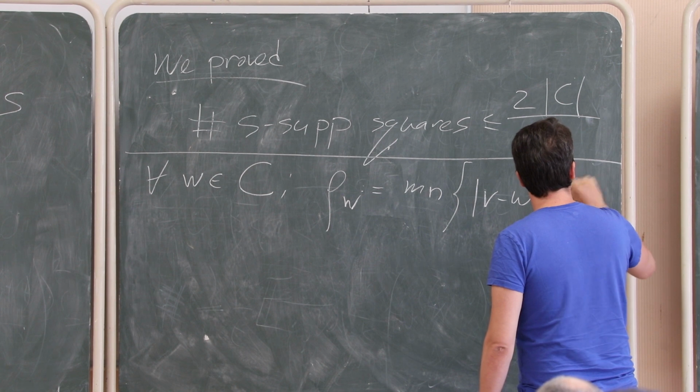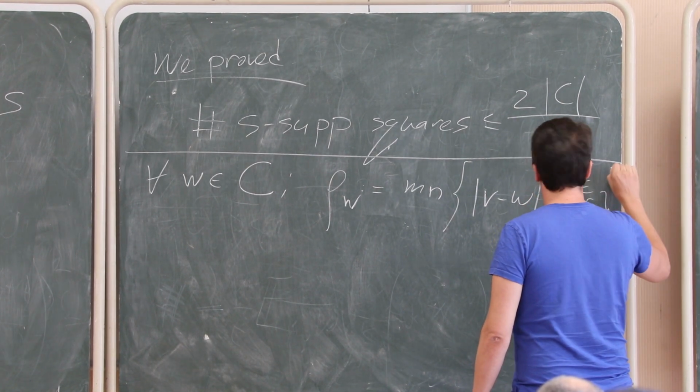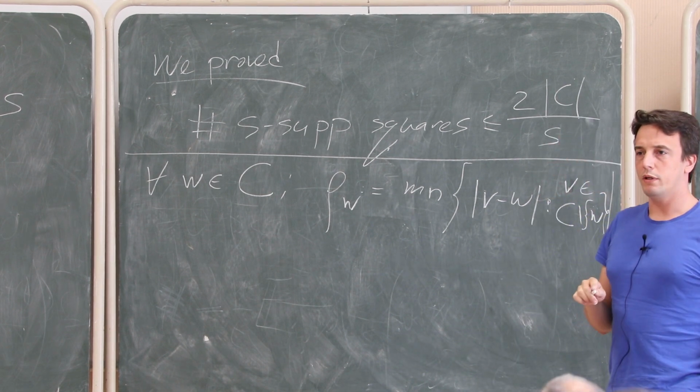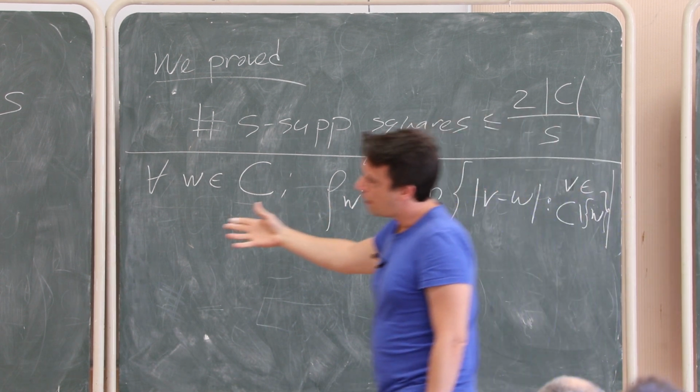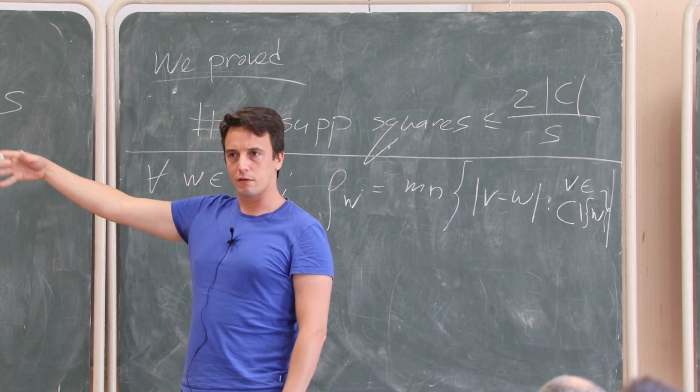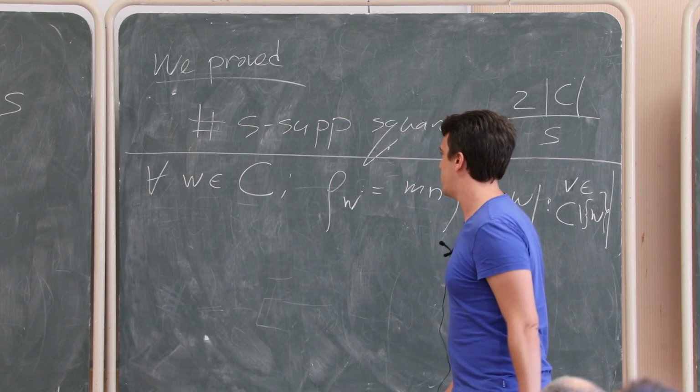So for V belonging to C minus W. And now we have another parameter, delta. Here we also had the parameter k that we will, of course, choose to depend on delta. So there are always these two parameters.